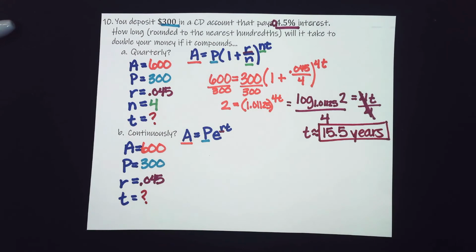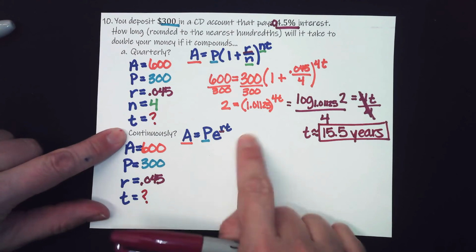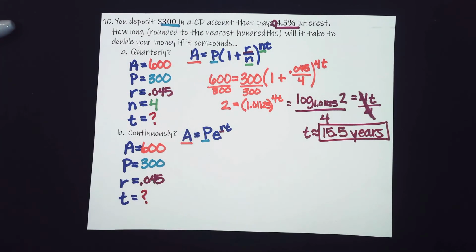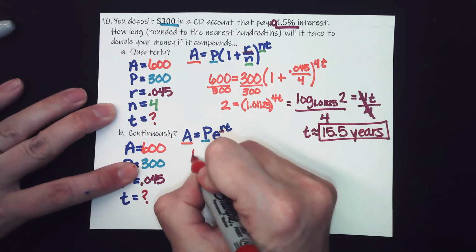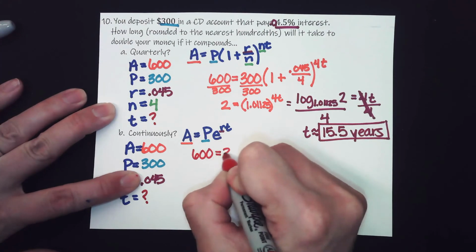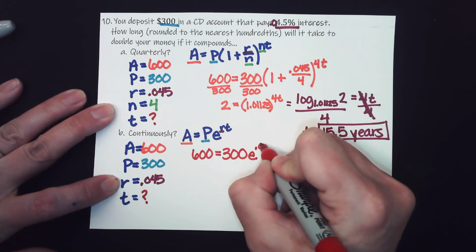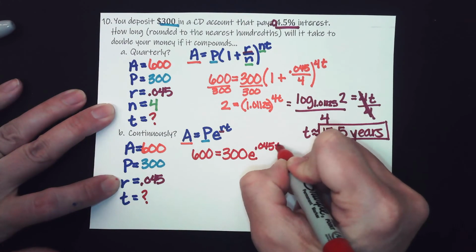All right. So now let's try to compound it continuously. Okay, so we have to use the same information, but we're going to use a different formula. So if I plug it in, I have A equals P times e to the power of r times t.